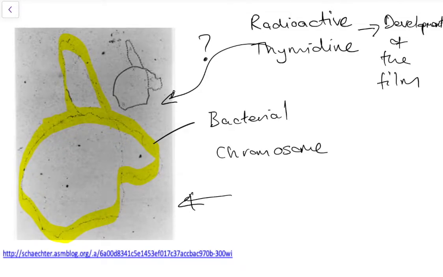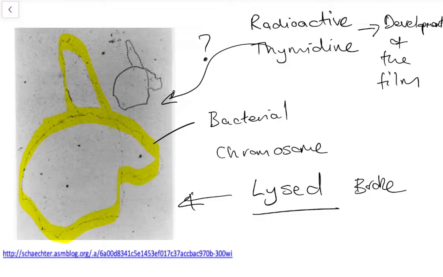In order to get out the DNA, they had to break open the cell. And a fancy word for break is lysed. So they broke open the cells to get the DNA out. They put it next to a photographic film, and they had to leave it for a period of 2 months for it to develop.